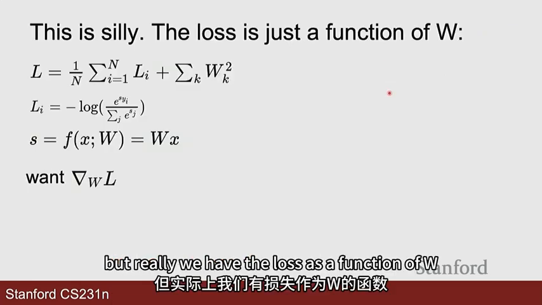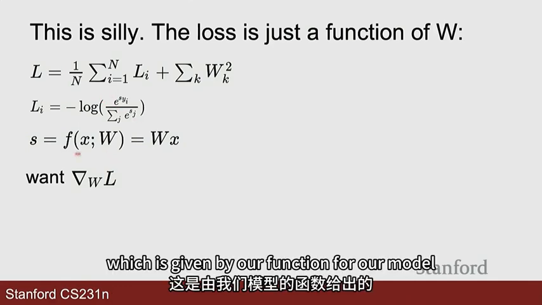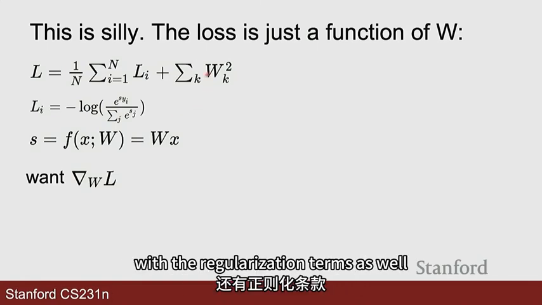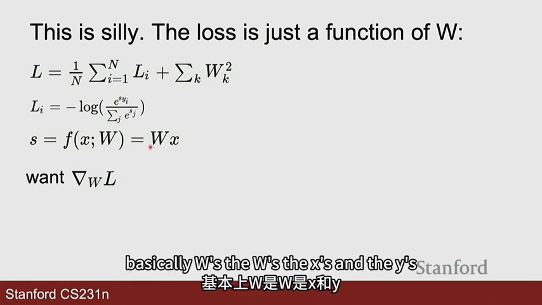But really, we have the loss as a function of W. So we know how to calculate the scores to get our loss, which is given by our function for our model. And we can then compute the total loss with the regularization terms as well. And this entire loss is a function of basically the W's, the Xi's, and the Yi's.